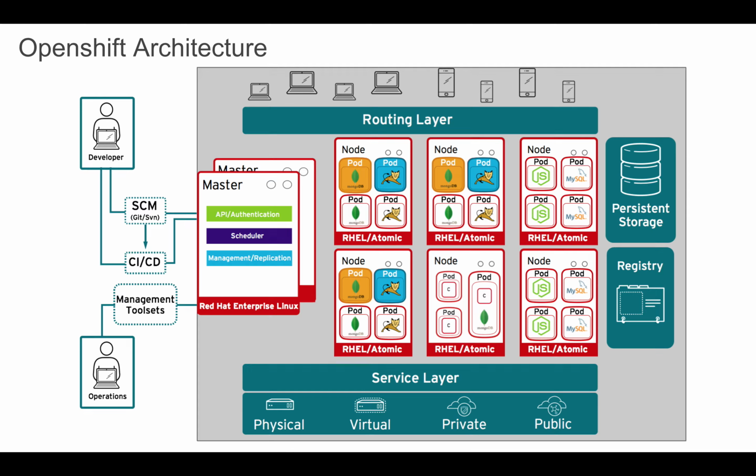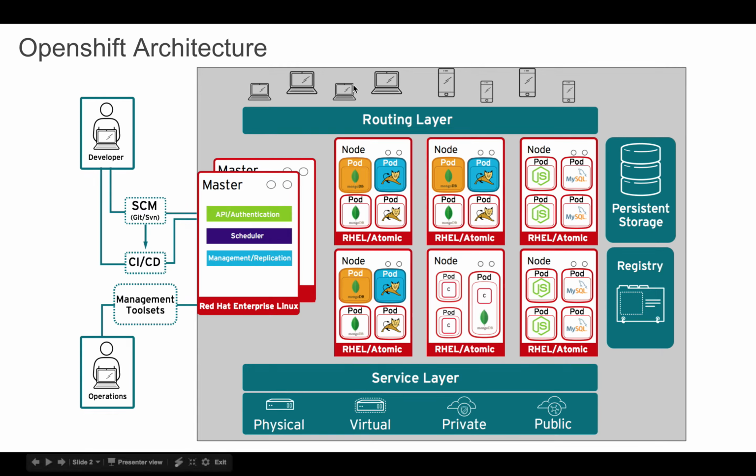OpenShift is basically, you can consider it as a platform or like the dad says, it's a container platform for your organization. So in a nutshell, this is what OpenShift has in its architecture.